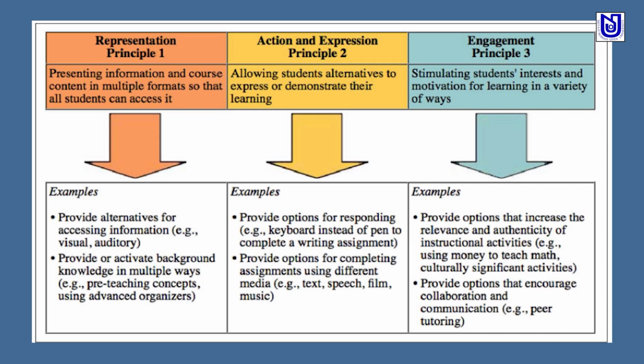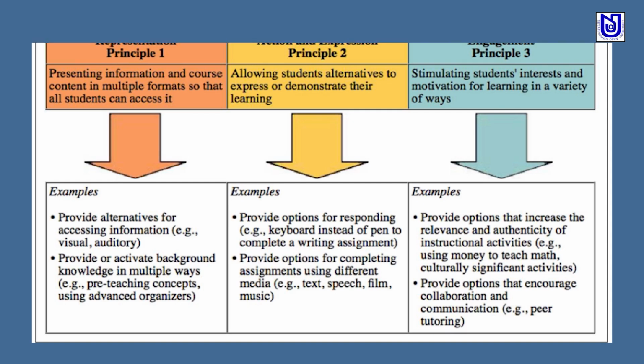Then secondly, multiple means of action and expression, that is principle 2, allowing students alternatives to express or demonstrate their learning. And the third one is multiple means of engagement, or principle 3, that means stimulating students' interest and motivation for learning in a variety of ways.